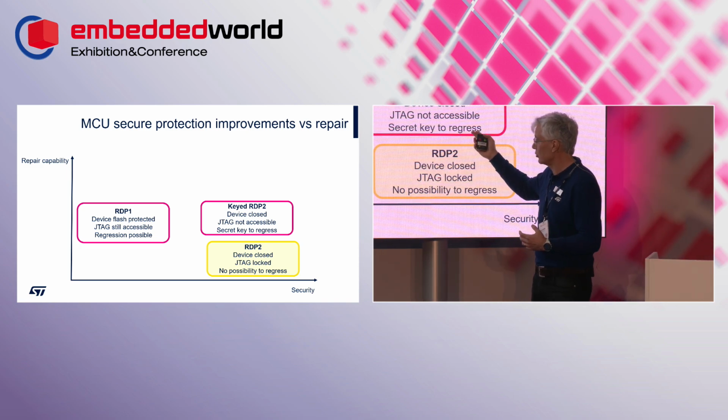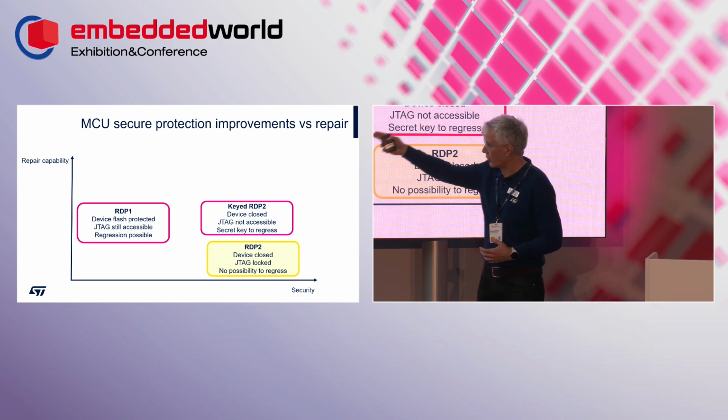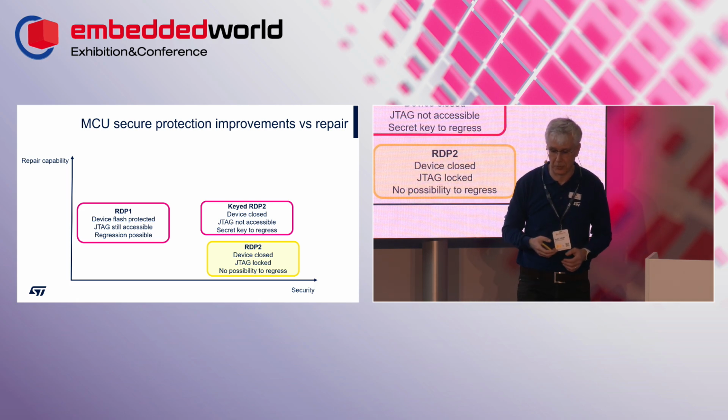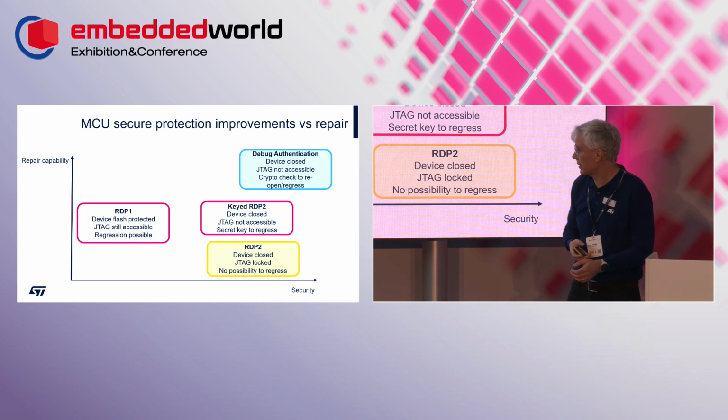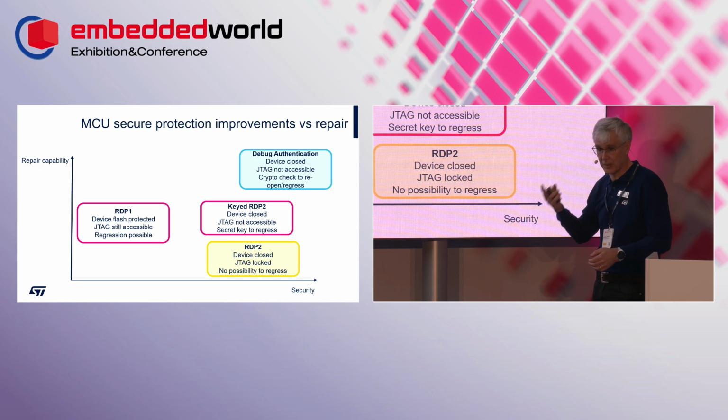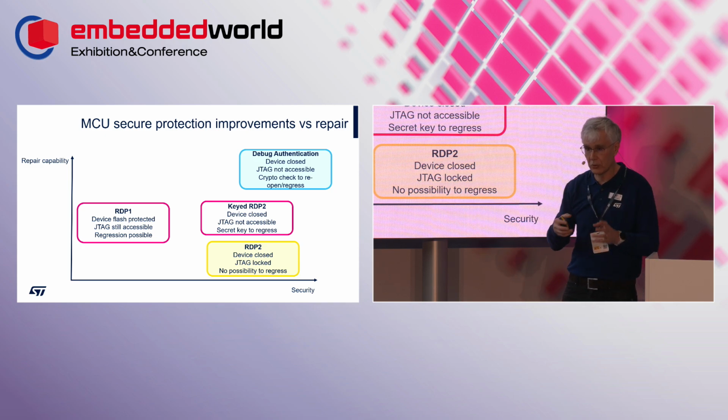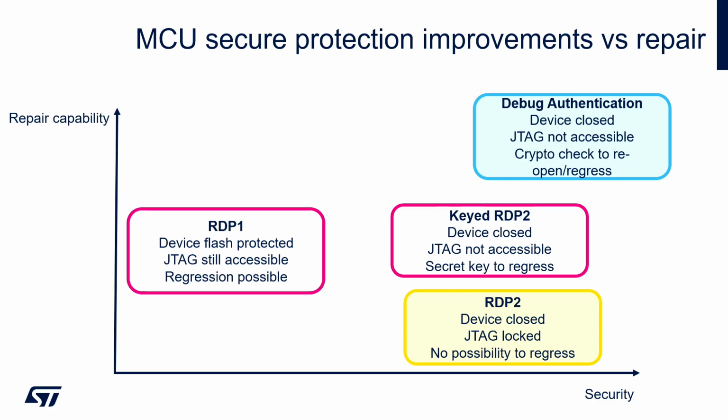And in that case, you are able to do a regression like in RDP level 1. And the last step is this debug authentication, where you have at the same time a very high level of security and a very good repair capability, even higher than what we had before.